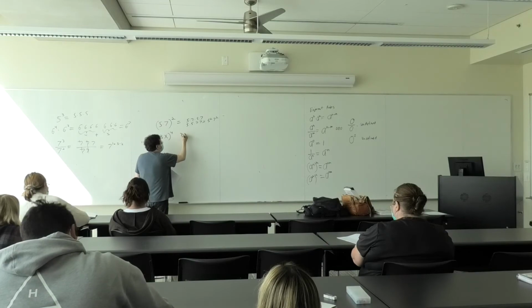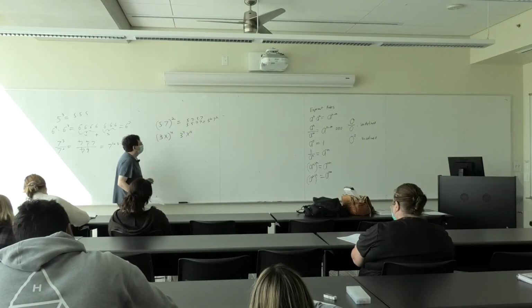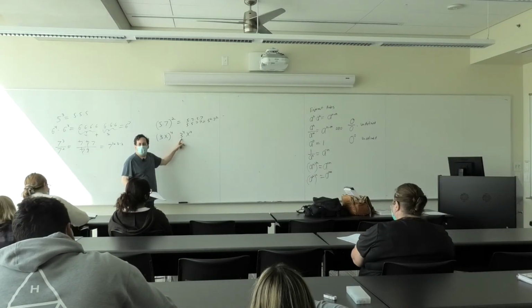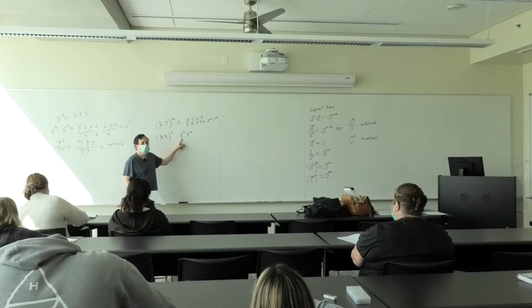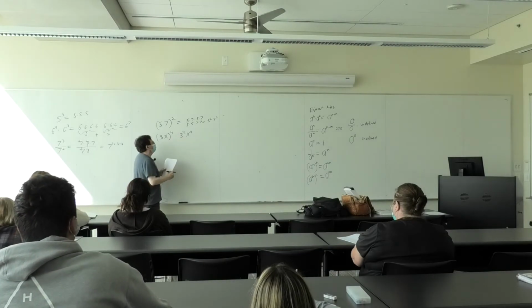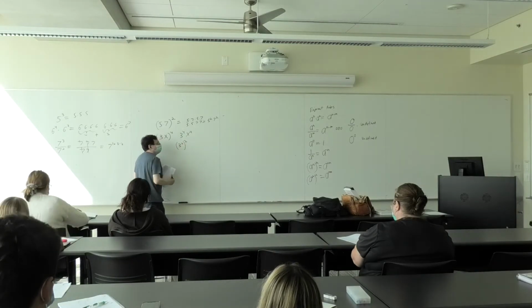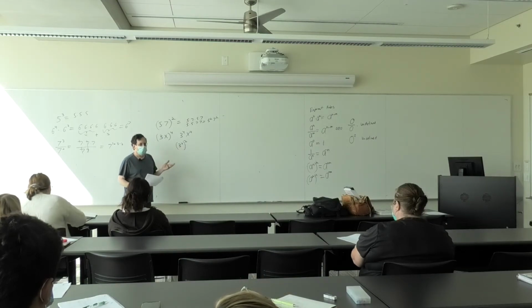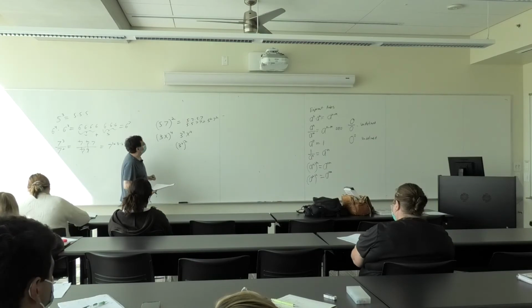This is 3 to the 4th, x to the 4th. Does anyone know right offhand what 3 to the 4th is? Well, it's 3 squared squared, right? So 3 times 3 is 9, and 9 times 9 is 81.